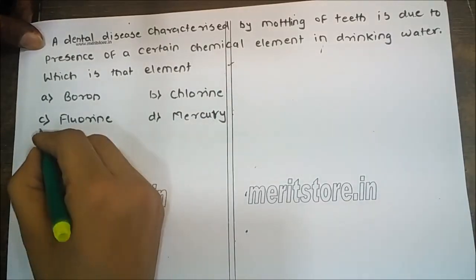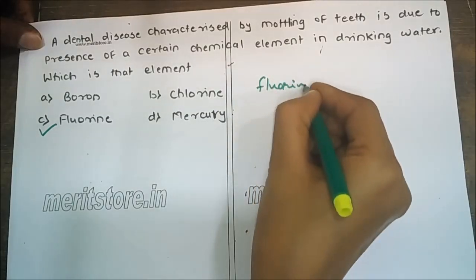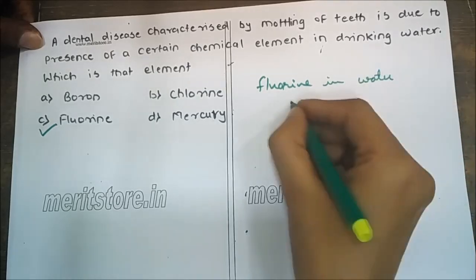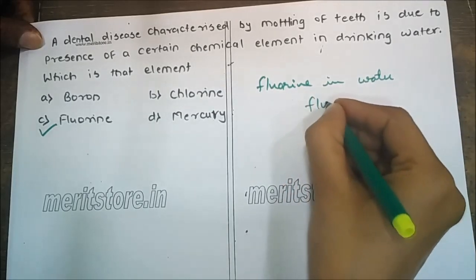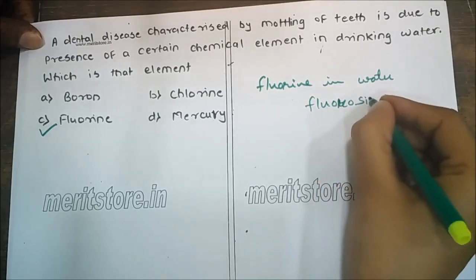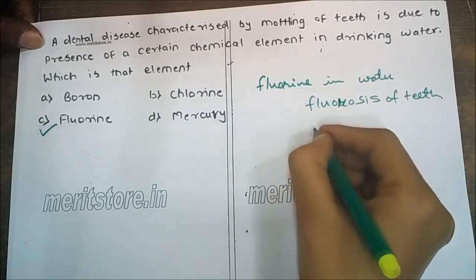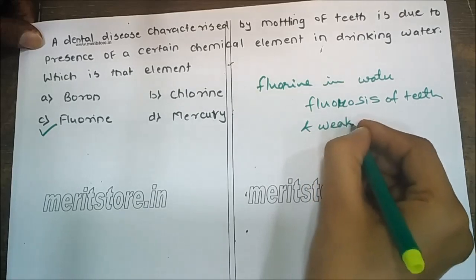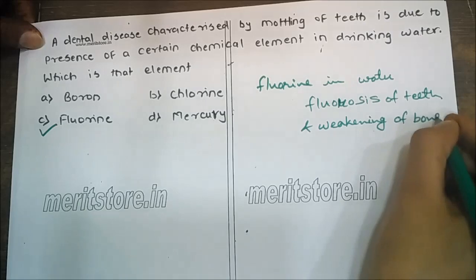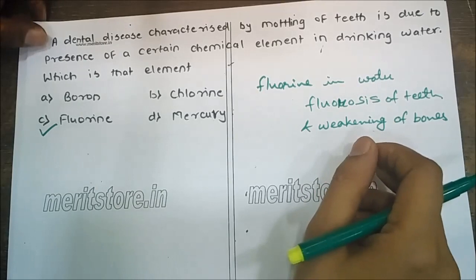the fluorine. This fluorine in water is the main cause of fluorosis of teeth and weakening of bones in children and in adults also.